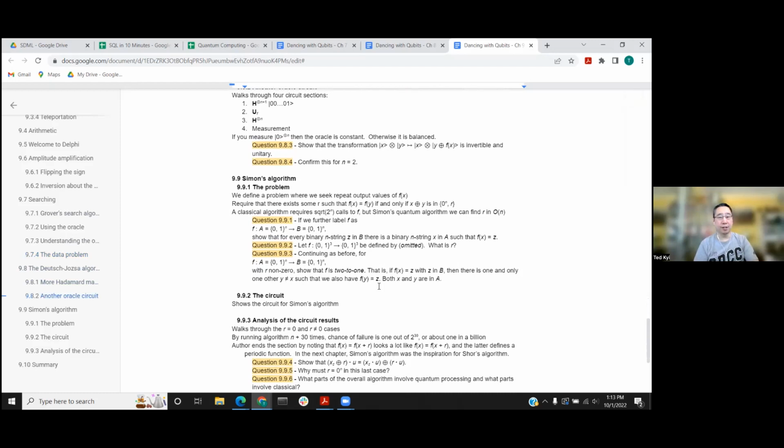All right, the last one, I don't fully understand. I didn't go and reread all the equations, but Simon's algorithm. So we define a problem where we're looking to see if our function f of x repeats values. So if f of x for every single input value x outputs a different answer, then there's no repeats.